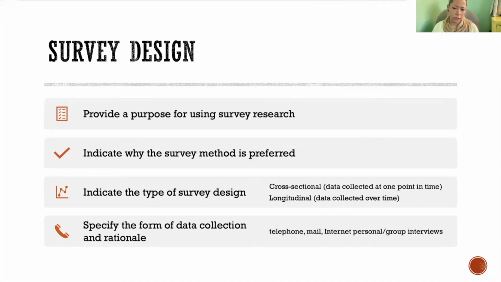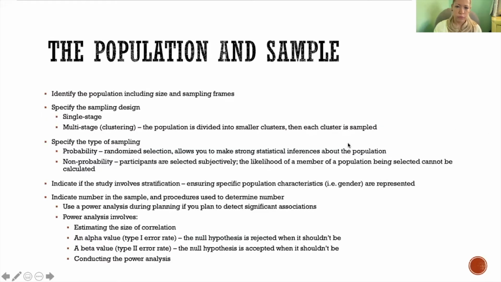Then you might want to give it verbally. Or maybe it's a group that you see in person on a regular basis, and you might get better participation if you hand it out to them in a group setting when you're going to see them and administer it that way. So there should be some rationale behind what type of way you decide to administer your survey.